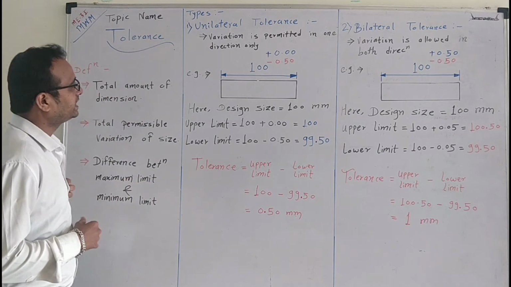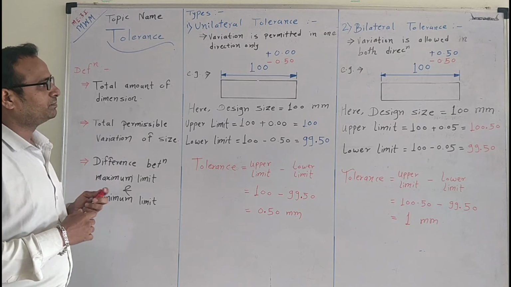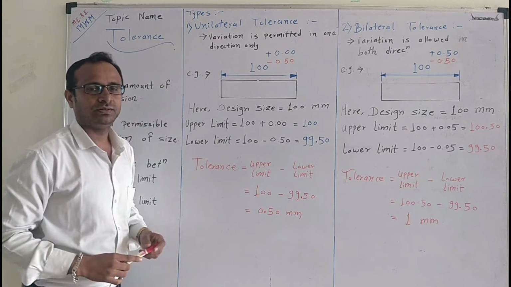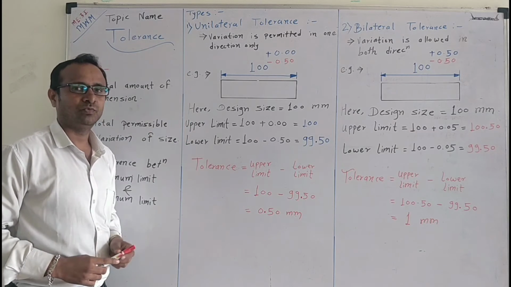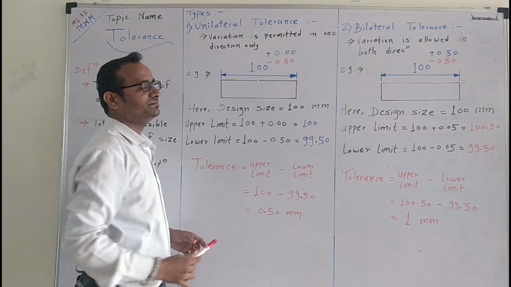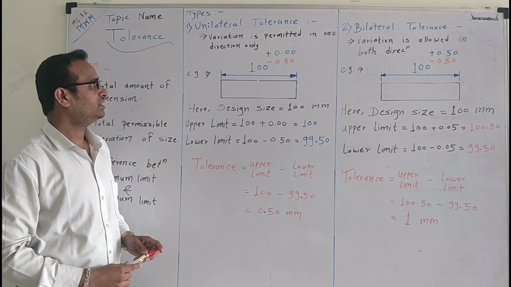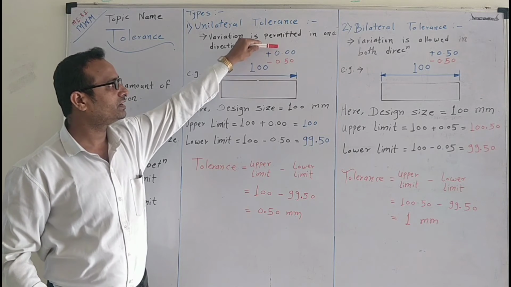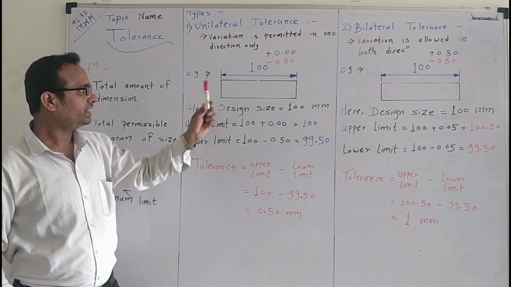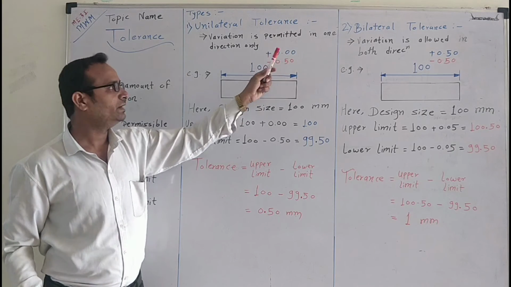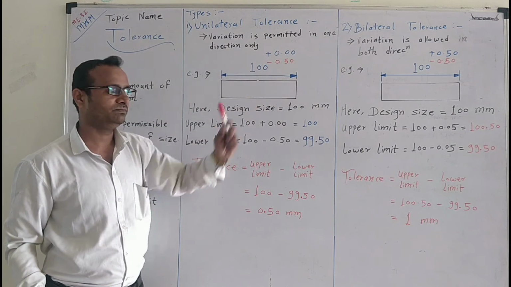What does it mean exactly? For example, this is a rectangular component having length 100 mm. Here we have provided some value: 100 plus 0.00 and minus 0.50.